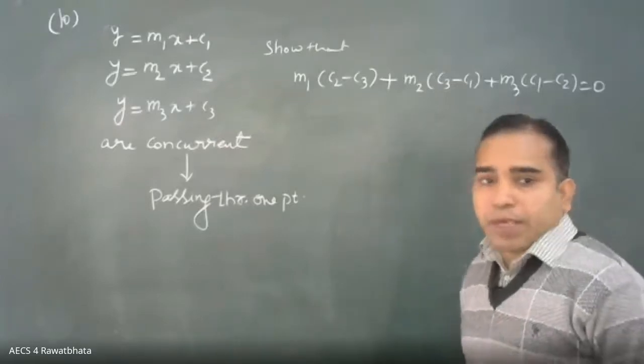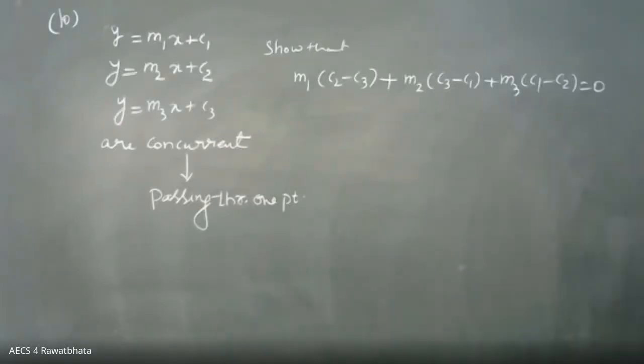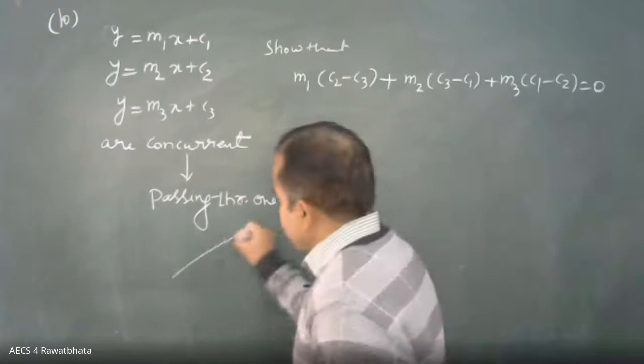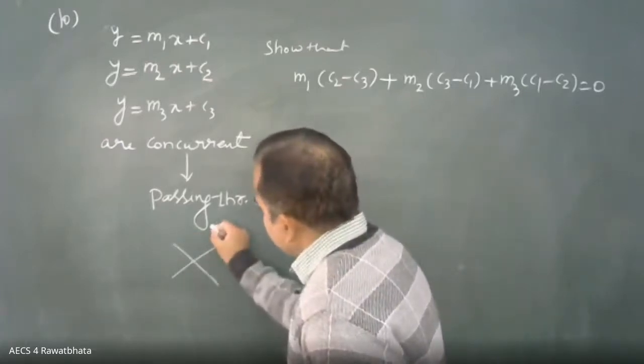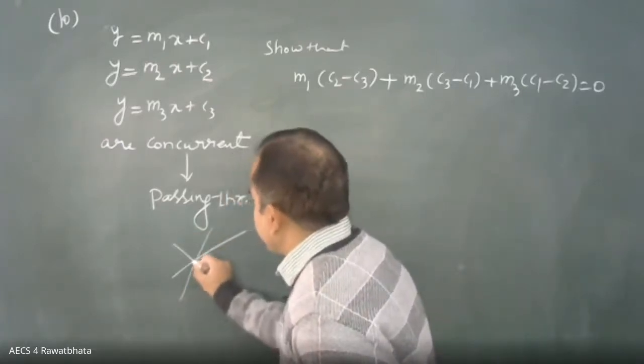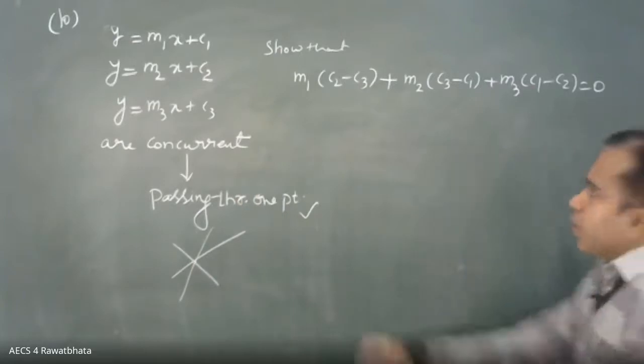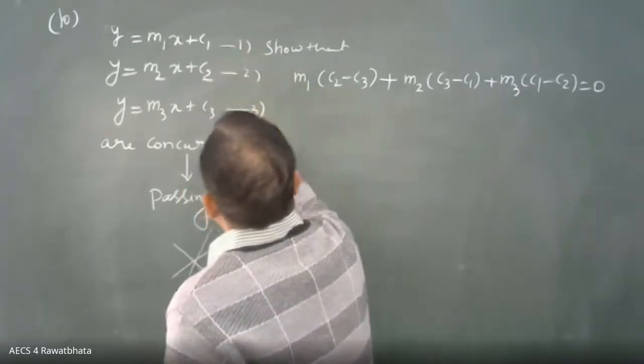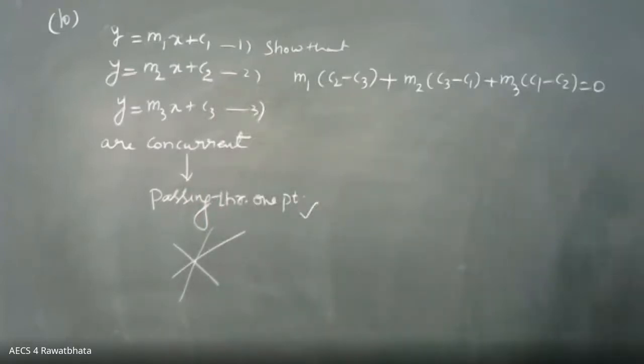In any manner it can be done. So let us begin. I'm going to do it in the manner we did the last question. Because these three lines are concurrent, they are passing through one point, all three lines. Picture is like this: two lines, and the third line is also passing through the same point. So let us solve 1 and 2 and put those values of x and y in third.